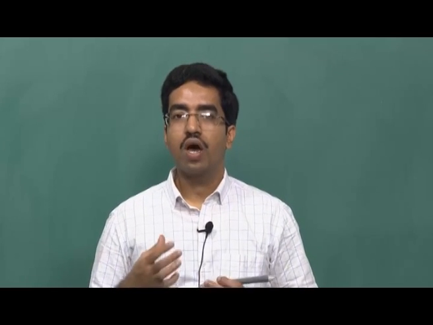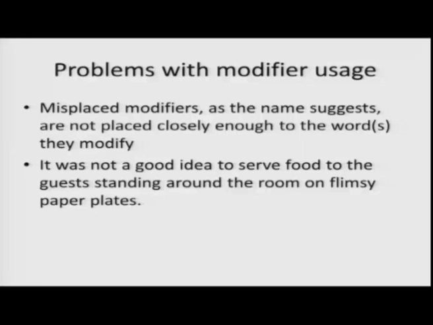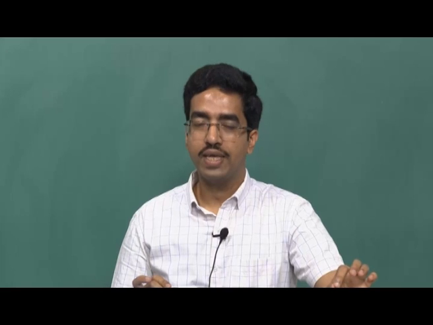There are some issues, some problems and some common mistakes learners make regarding the use of modifiers. So, we will look at them now. The first one is misplaced modifiers. As the name suggests, you have used a modifier in the wrong place.